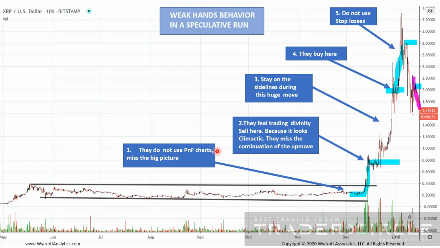I'm a professional. No, the child is right. Maybe he didn't know what he was doing, but at the end of the day, he made the right decision at the right time. Because in this very speculative market, the right decision at the right time outperforms all the other markets. So this is the kind of ideal behavior of weekends during such a speculative run.